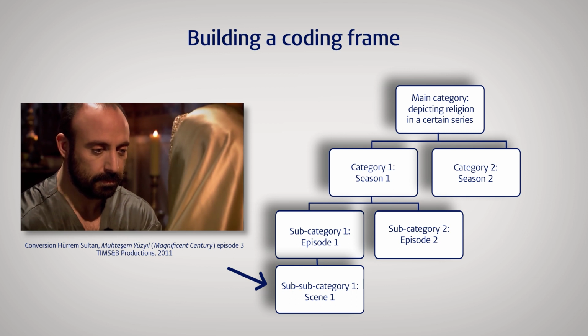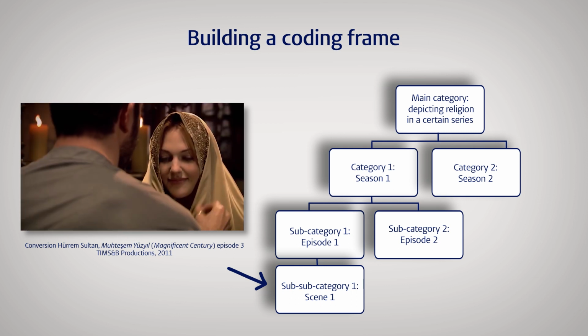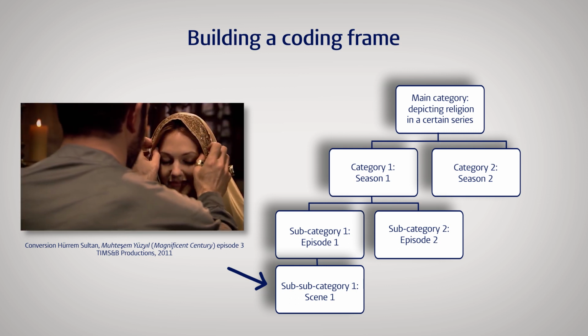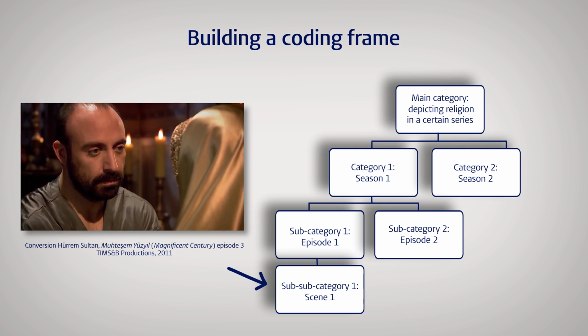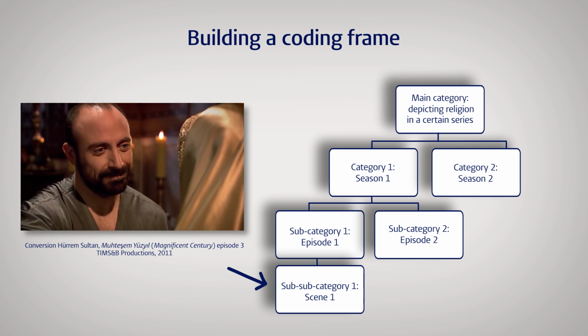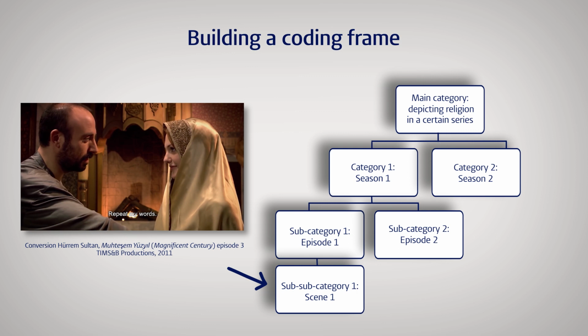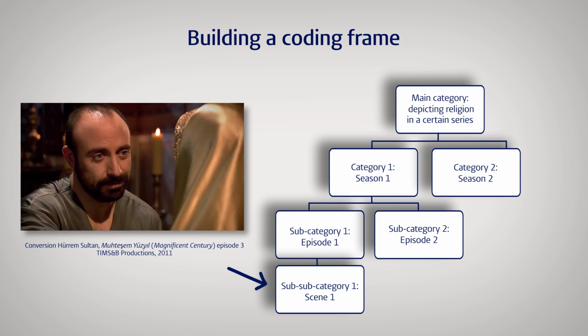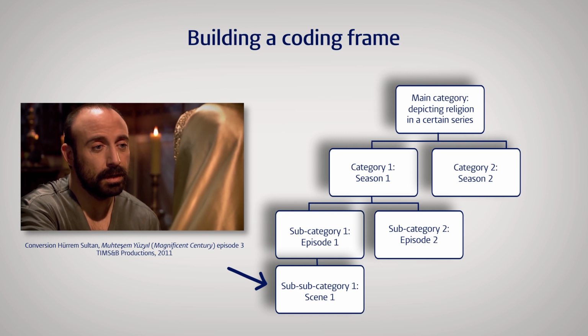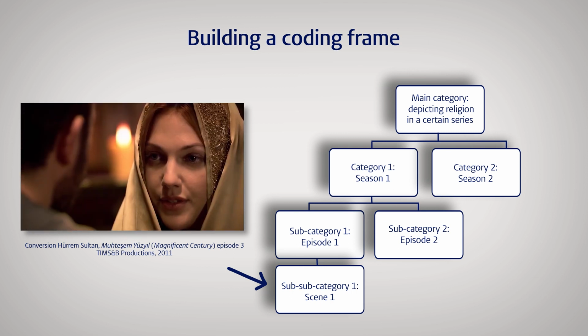Which props and costumes relate to Islam? This can be pious dress, a headscarf and a long coat, a beard or a cap or a Quran reader, a mosque or a graveyard, or anything else that might indicate Islam. Does the historical time or the time of production relate to specific events related to Islam?